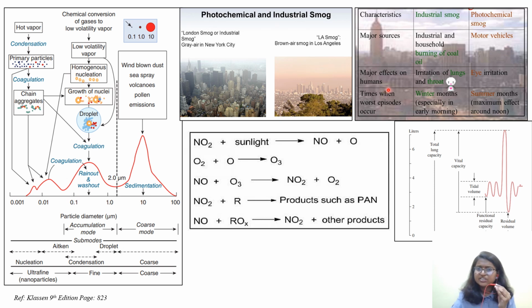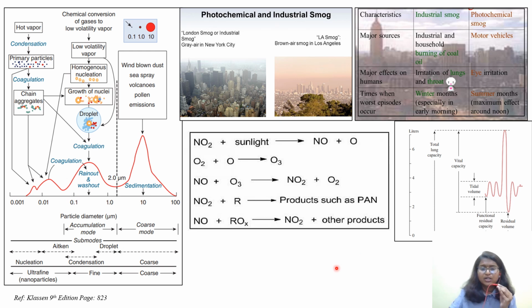Industrial smog causes irritation of the lungs and throat, whereas photochemical smog causes eye irritation. Industrial smog is seen in winter months, especially early morning in Delhi; those who live in the north will know. Photochemical smog can be seen in summer months, with maximum effect around noon.